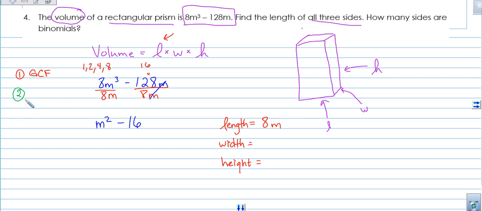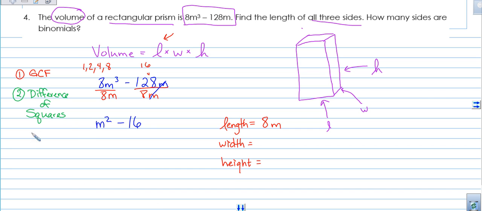Well, a binomial, if you can factor, you first want to try to take a GCF out, and then if you have a binomial, you want to try to find the difference of squares. Okay? Well, difference really means subtraction of, and this is short for perfect squares. Okay?